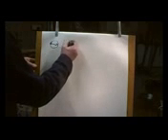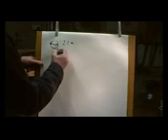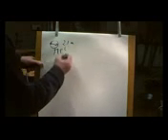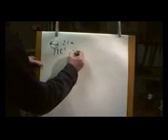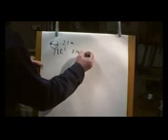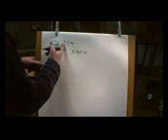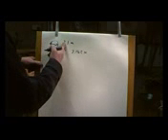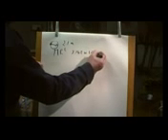Anyway, we've got a diameter of 2.1 millimeters. So pi r squared: 3.142 multiplied by half of that, 1.05, multiplied by 1.05.